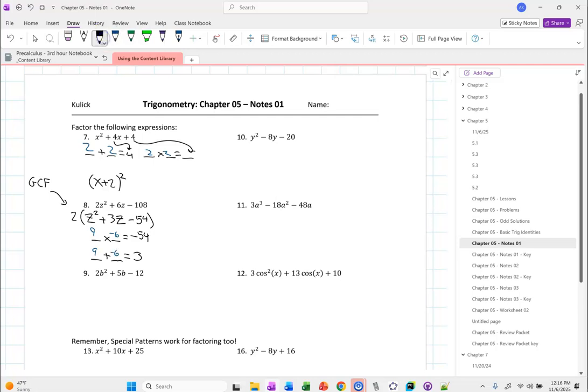Now, you know why in elementary school they harped on you memorizing your multiplication table so hard? Because skills like this are so much easier if you're stone cold on your multiplication table.